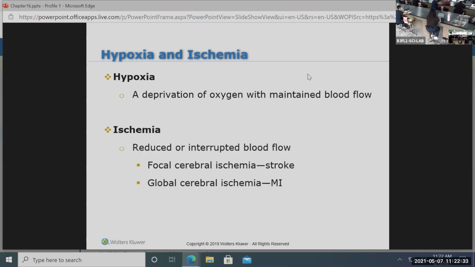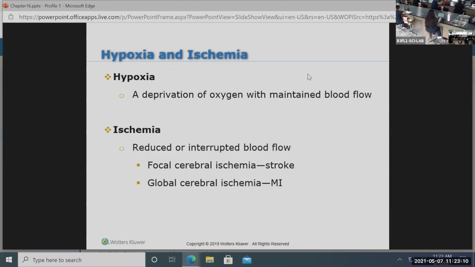Might cause focal cerebral edema. Please highlight focal cerebral ischemia, not edema. Focal cerebral ischemia results from stroke. Now, global: all over the cerebrum, blood supply is hampered. The cause is myocardial infarction, heart attack.